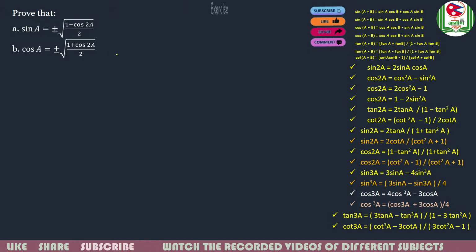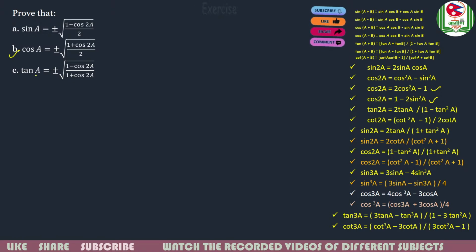Here you can see again, in the similar pattern that we have done in sin A, now we will apply this formula, that is cos 2A equals 2 cos square A minus 1, and using this formula we can easily find out that cos A equals plus minus root under 1 plus cos 2A by 2. So let's see another. Here tan A equals plus minus root under 1 minus cos 2A upon 1 plus cos 2A.